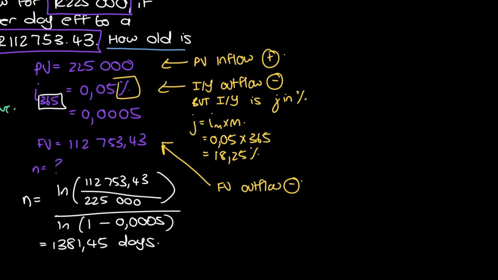So when you type everything into our financial calculator, it'll be 22500 for our present value. It's going to be minus 18.25 for our interest, and it's going to be minus 112,753.43 for our future value. And we don't know what n is. We're going to solve for n.